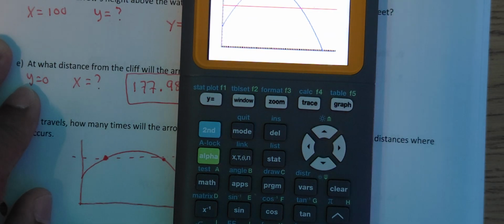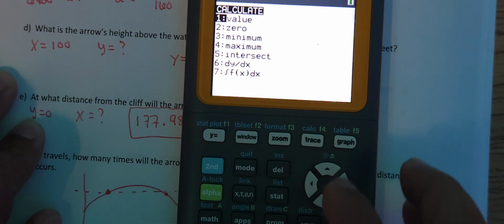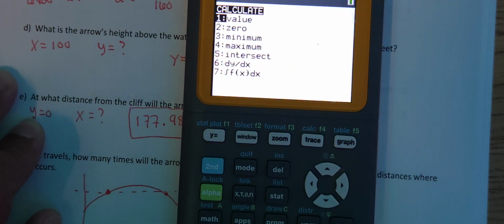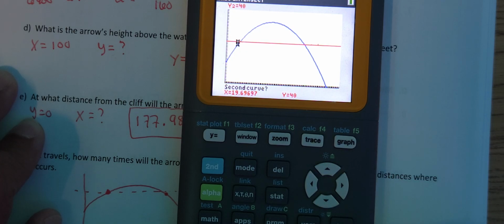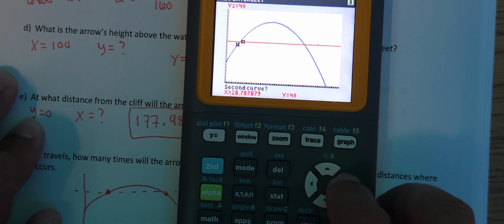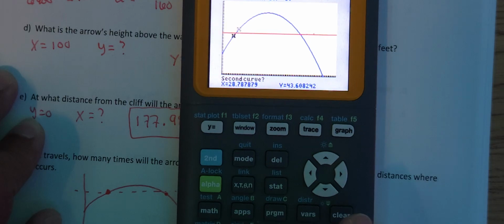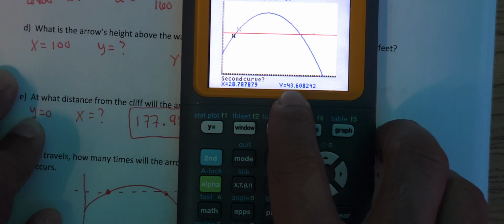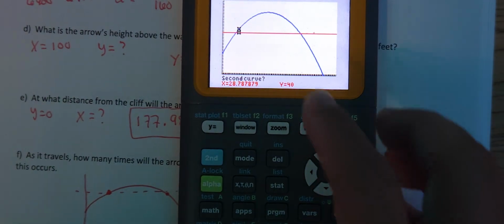Then I'm going to find the intersection by pressing second trace, and I want the intersection, so 5. Before the graph, where the parabola crosses the red line at this point, get below the intersection, then get above the intersection, and press enter. I was doing this wrong.